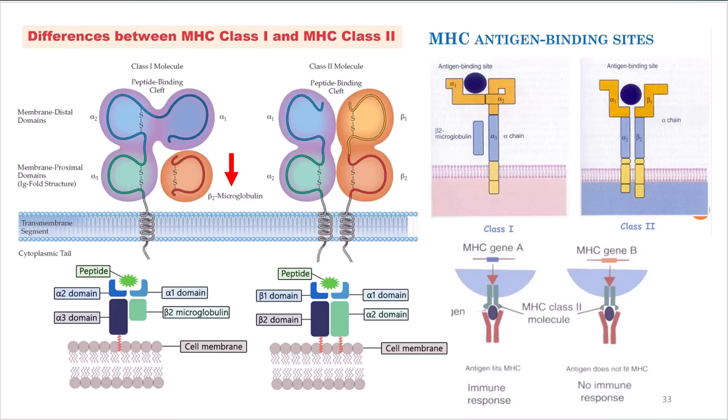So just because something is bound to an MHC molecule does not mean it's going to lead to antibodies or cytotoxic T cells that recognize that antigen. So this binding has to be well done.